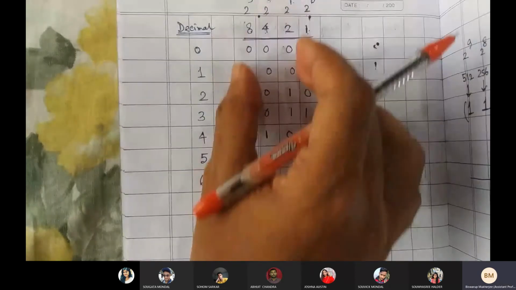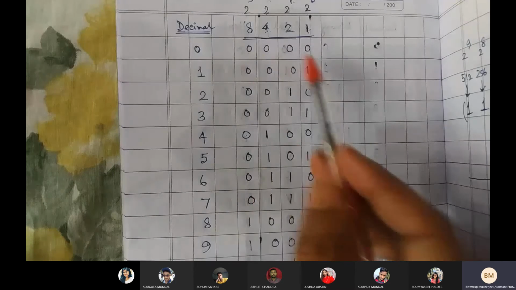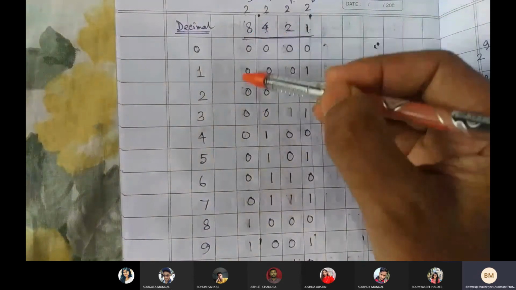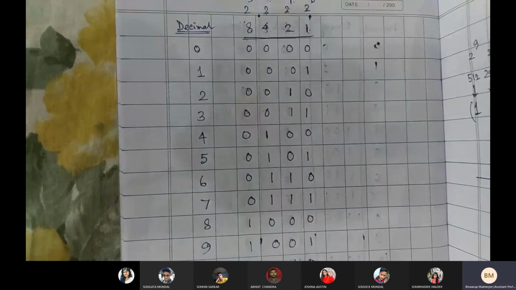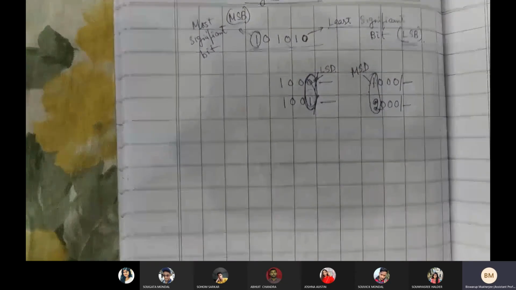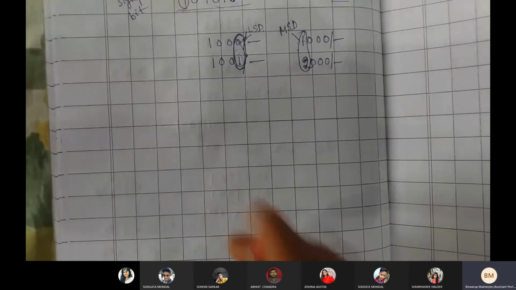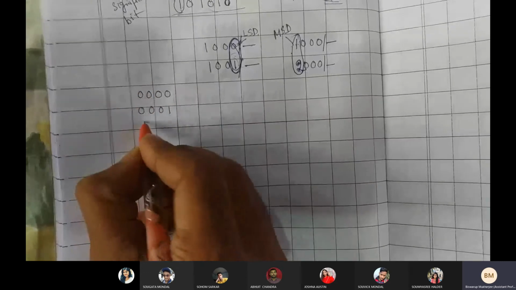If you have a set of bits and you have been told it is a signed binary number, then directly this leftmost bit will denote the sign. I am writing down all these values again right over here, starting from 0 0 0 0, 0 0 0 1, 0 0 1 0.